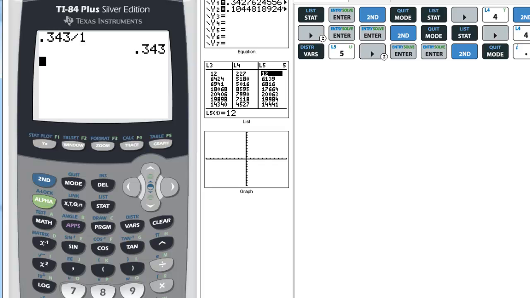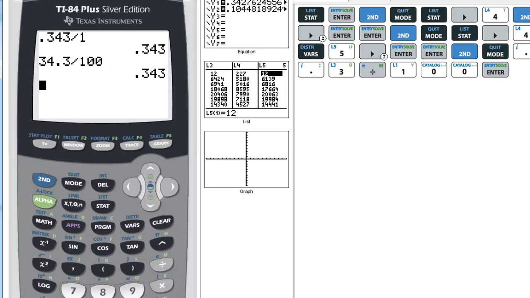And so, for example, we could also write this as 34.3 over 100 if you want. You can see it gives you the same decimal. And in this case, the numerator would be 34.3 fatal crashes, and that would be 100 times 1,000, so that would be per 100,000 licensed male drivers.